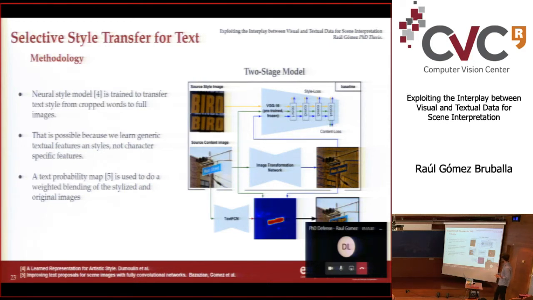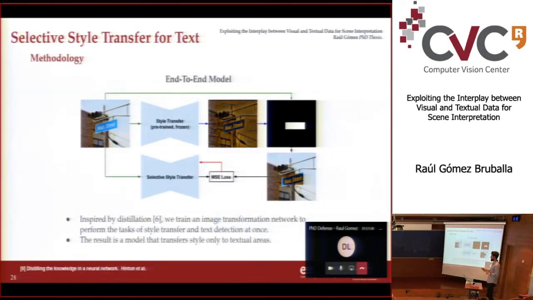So we train this network and we generate an image that has the source text style along all the image, and then we use the maps computed by the text FCN I was explaining before to transfer the style only to textual areas. After this model, we propose an end-to-end model, which learns to do both tasks, style transfer and text segmentation, at once.